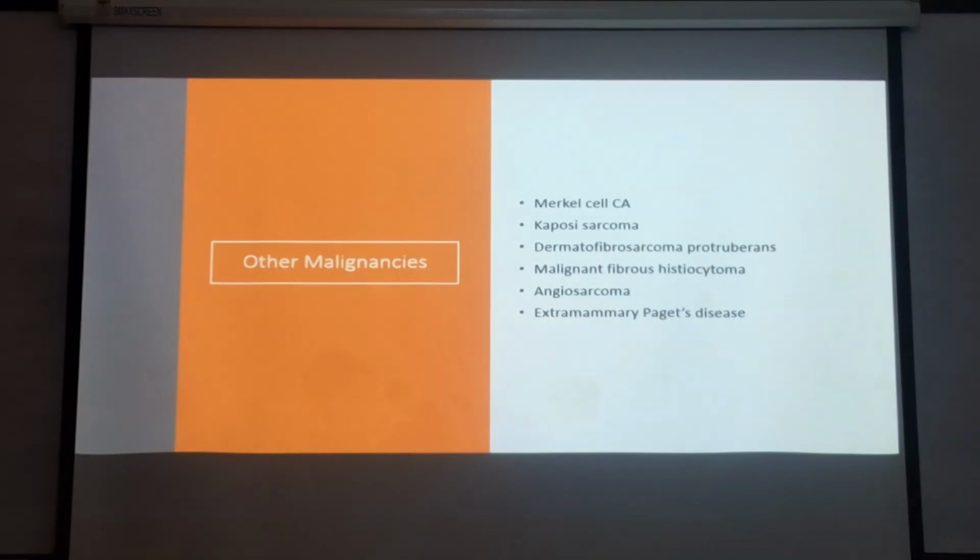Anyway, there are other malignancies: Merkel cell, Kaposi sarcoma, dermatofibrosarcoma protuberans, MFH, angiosarcoma, and extramammary Paget disease. Most of these conditions will be treated by excision and staging, and afterwards there could be adjuvant therapies. But with Kaposi sarcoma, usually you treat the underlying condition.